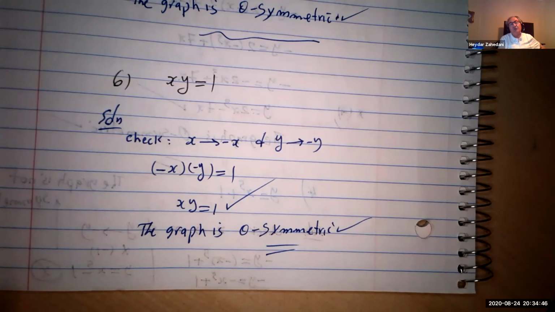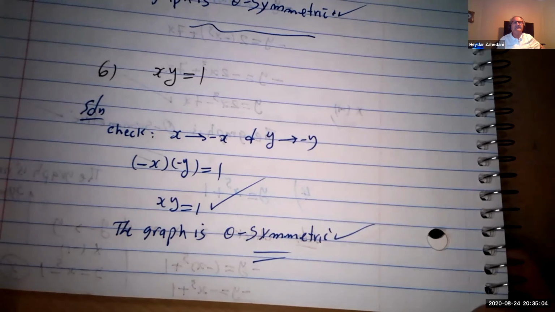Otherwise, we don't know. We have to test it. If you have mixed powers, test x to the negative x or y to the negative y. If anything stays the same, you got it. This equation is going to be all symmetric. Otherwise, it is not. Any question?